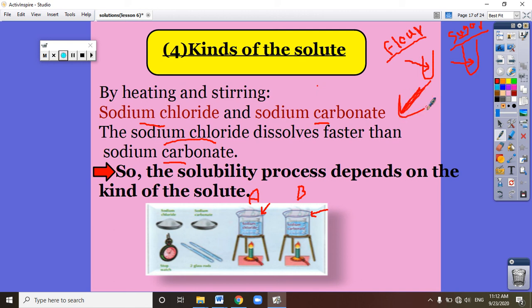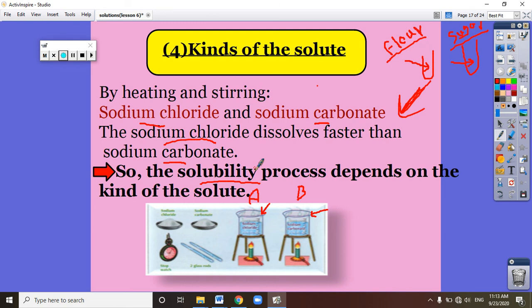Here, the sodium chloride is different than sodium carbonate, and both of them have their own properties, which are different from each other. The sodium chloride will dissolve faster than the sodium carbonate. That means that the solubility process depends on the kind of the solute. That means that the speed of the solubility process is not equal in all the kinds of the solute.